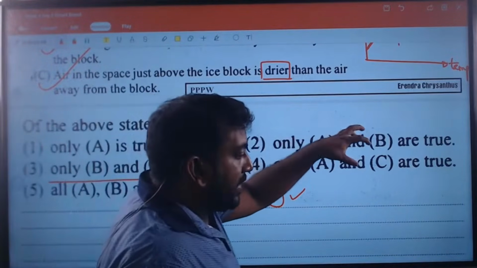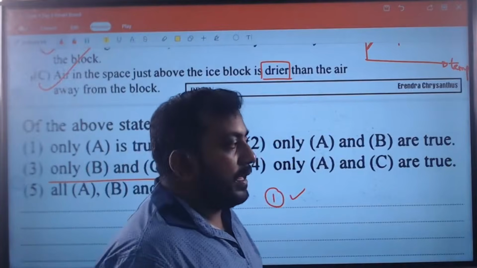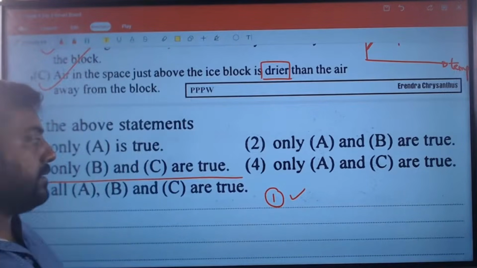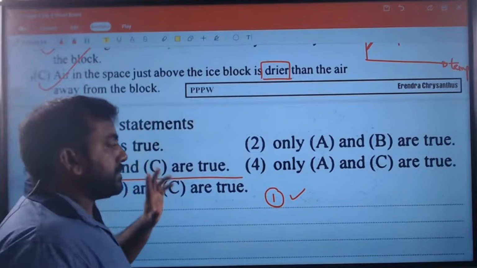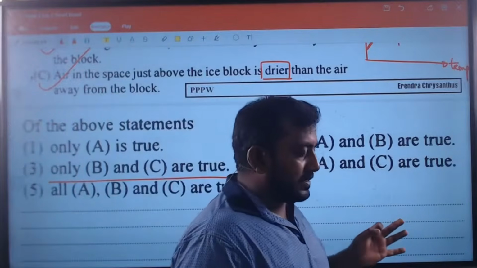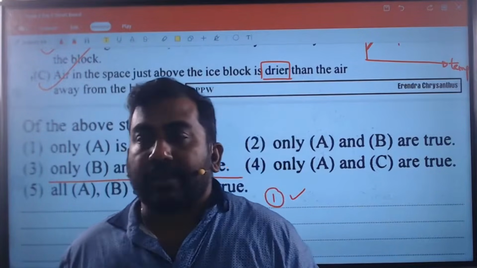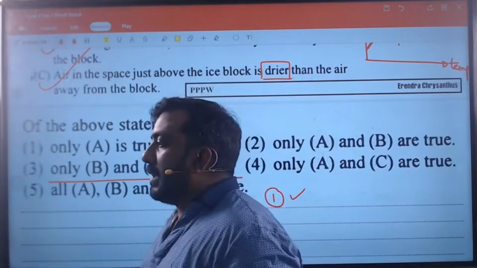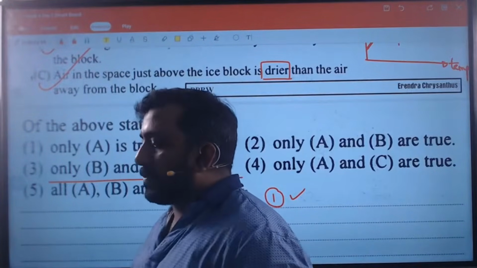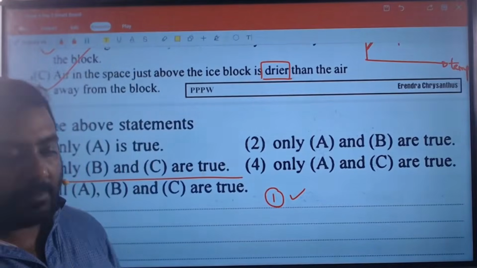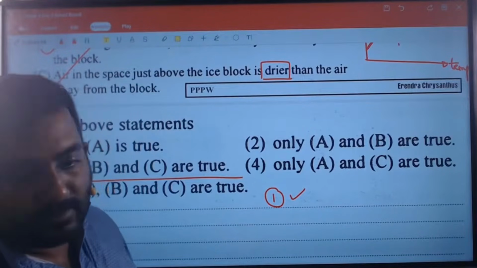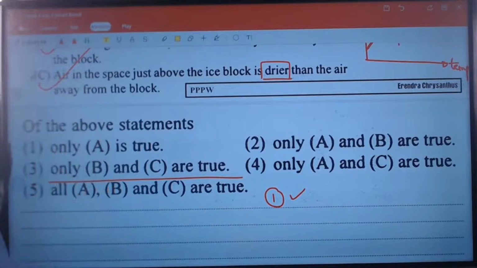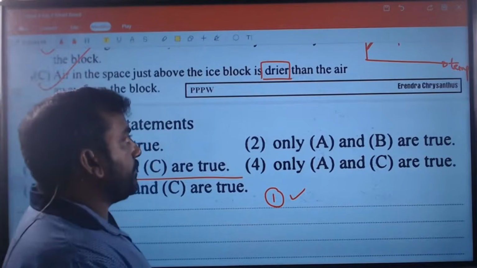If it is lower than the dew point temperature, saturation will take place. That means absolute humidity is 100%. Keep writing.